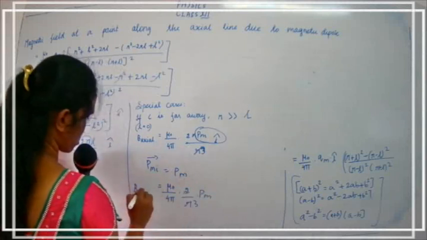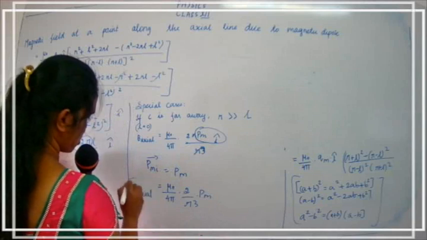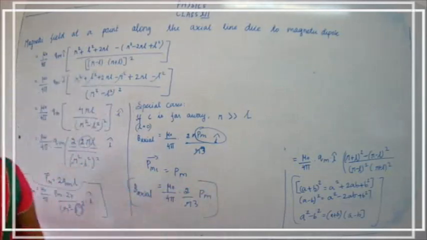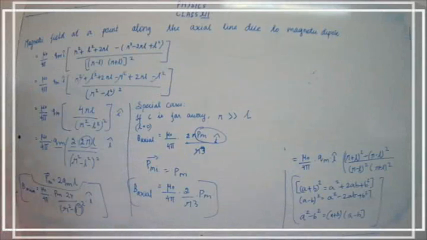This is B axial in special cases. That's all, children. Write it down. This is the magnetic field at the point along the axial line due to the magnetic dipole. Do you understand? I have explained clearly.